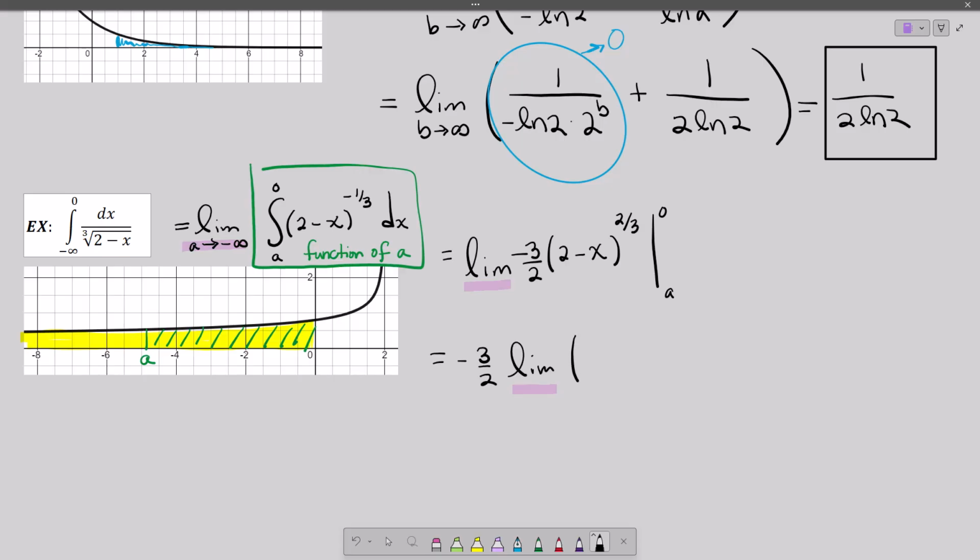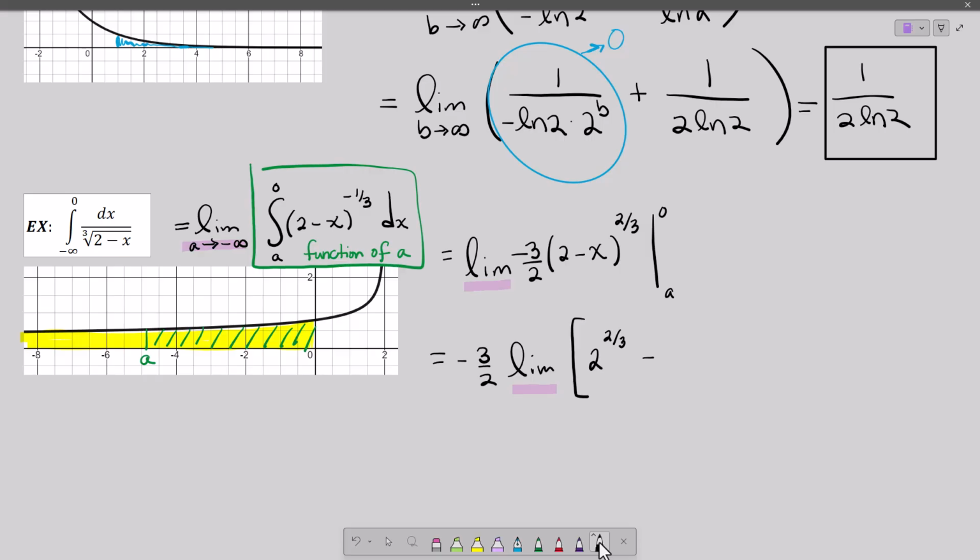So then here, we're plugging in 0. So we're going to have 2 to the 2/3 power. Plugging in 0, and then we subtract off, maybe I'll make this a bracket since we're going to have parentheses on the inside.